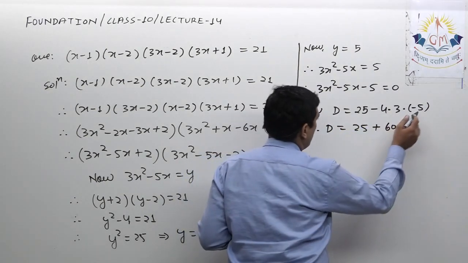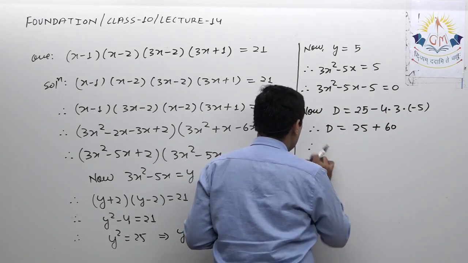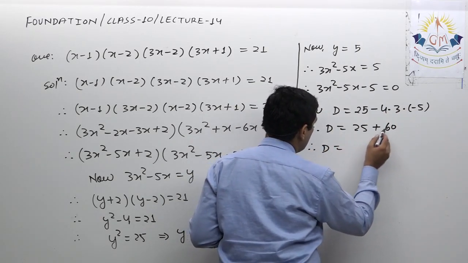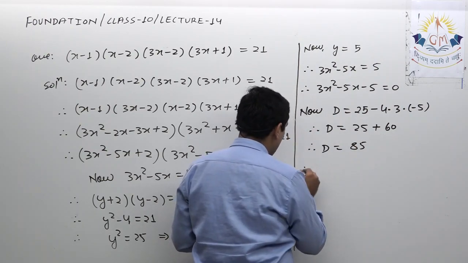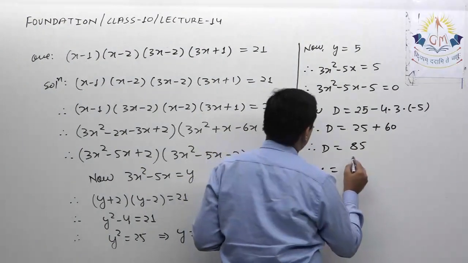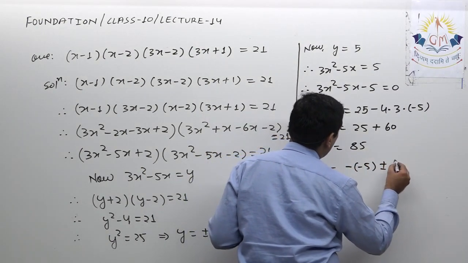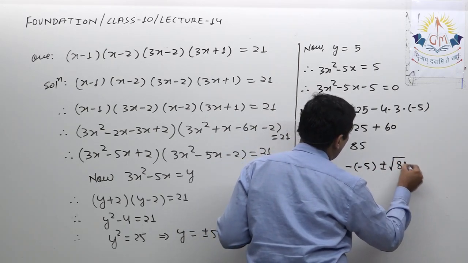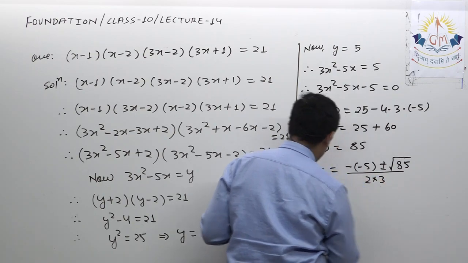Therefore D is equal to 85. So here I can say therefore x is equal to minus of minus 5 plus minus root of 85 upon 2 into 3.